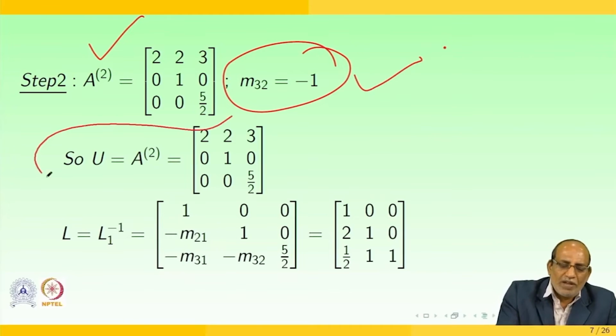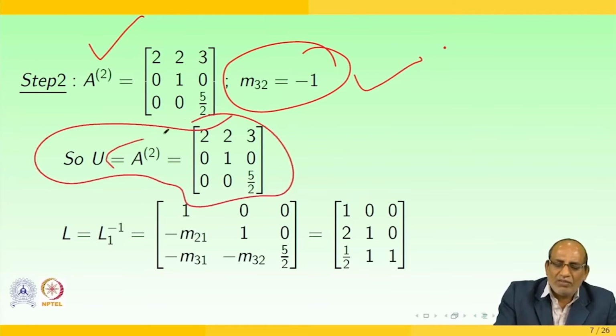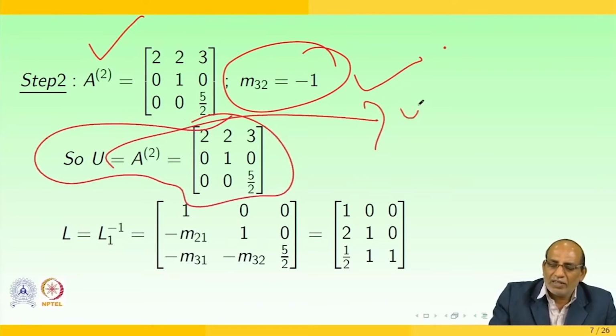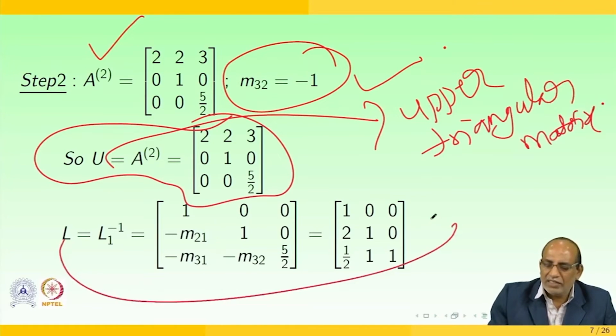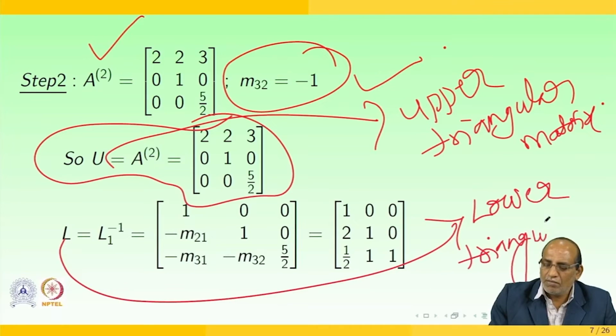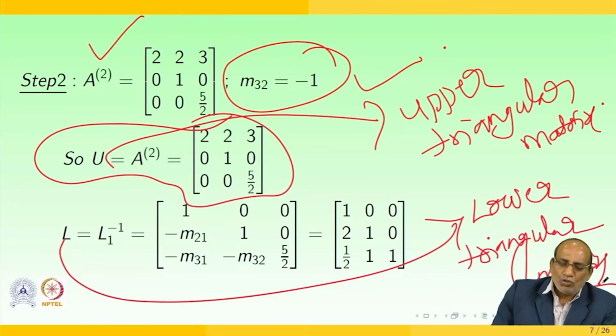So we are able to form what we call the upper triangular matrix, and this is the lower triangular matrix. These are the multipliers.